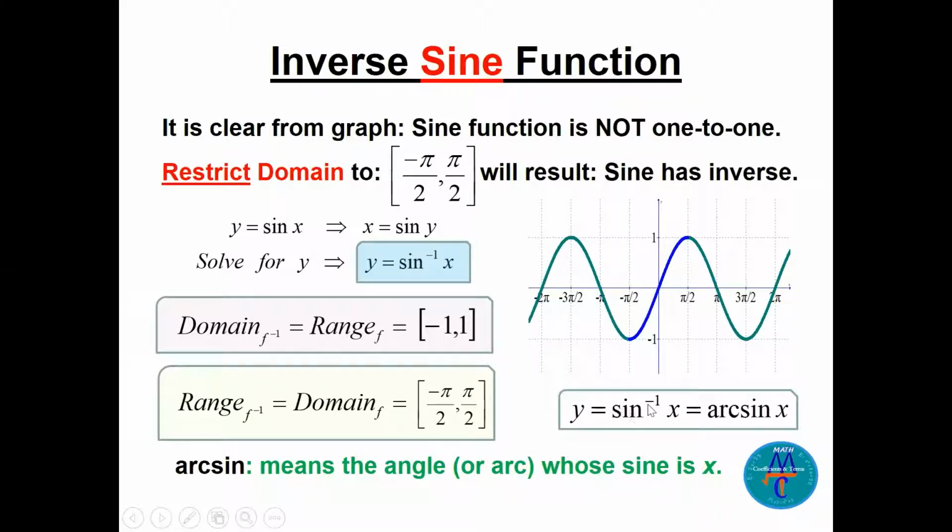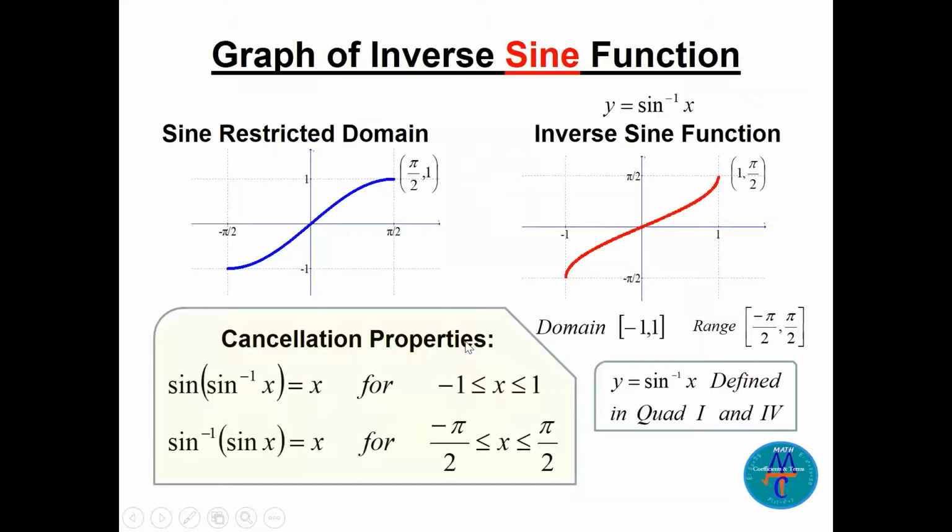So we write y equals sine inverse of x, or sometimes we write arc sine of x. Arc sine means the angle or the arc whose sine is x. So x is a number between minus 1 and 1. This is the sine function with restricted domain from minus pi over 2 to pi over 2, and this is the graph of the inverse, y equals sine inverse of x.